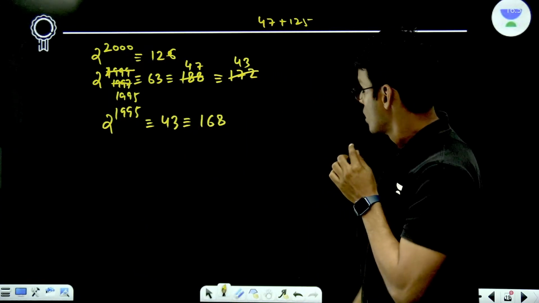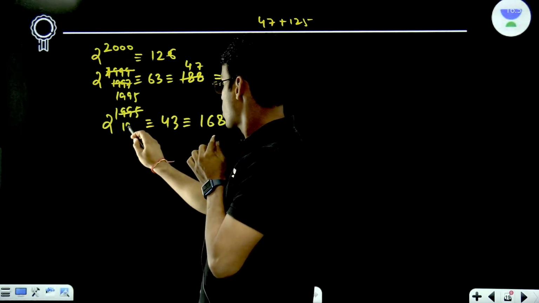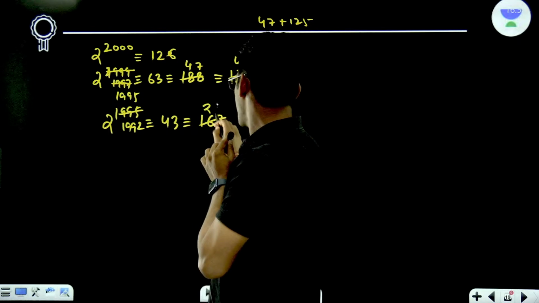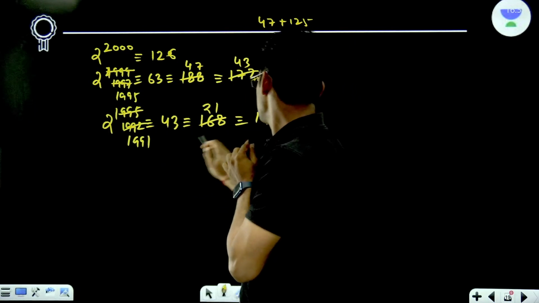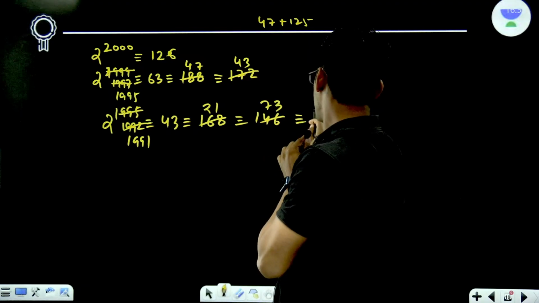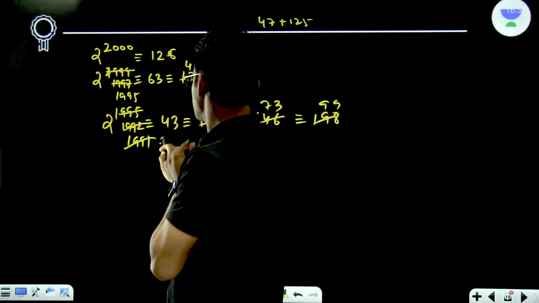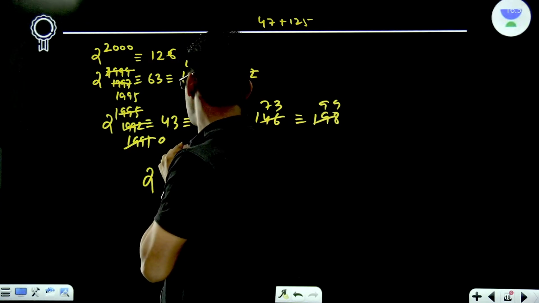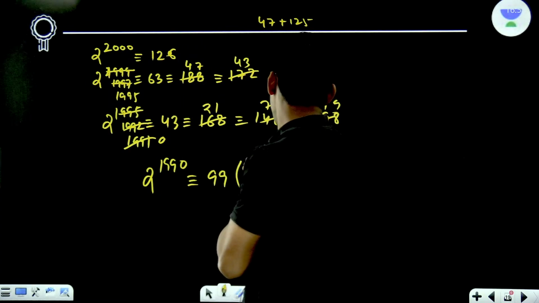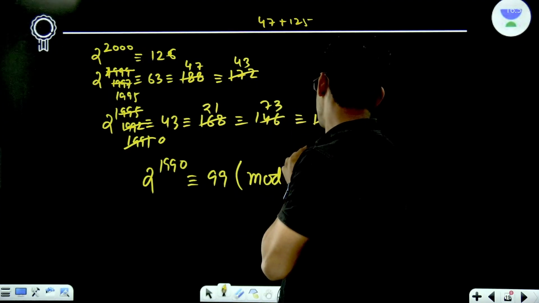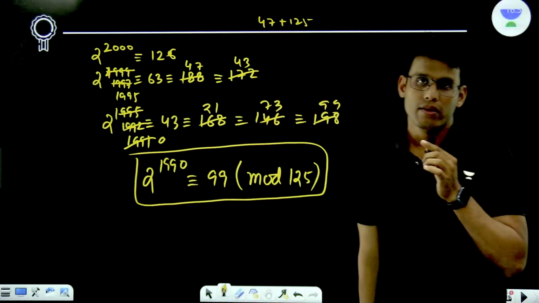This is a jackpot. 168 is actually divisible by 8. So 1992, 146, 173, 198, 99. 2 to the power 1990 is congruent to 99 mod 125. This is what I have.